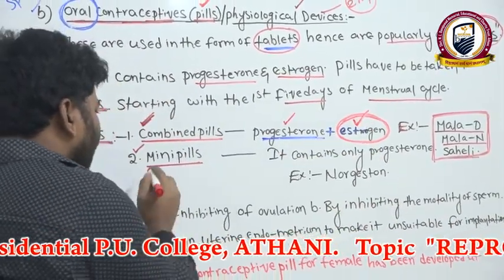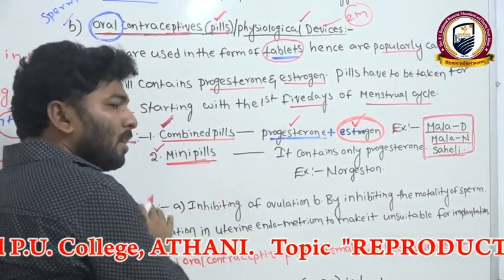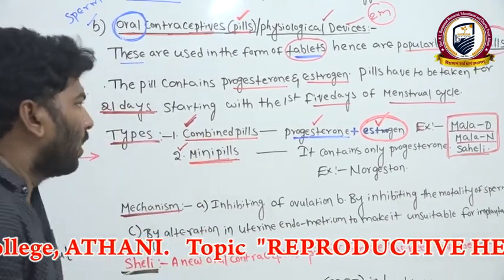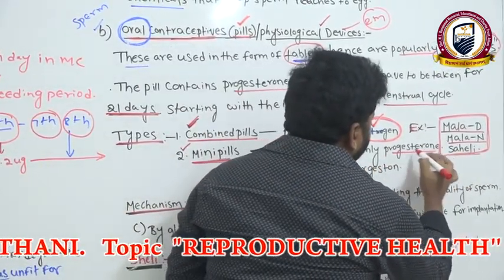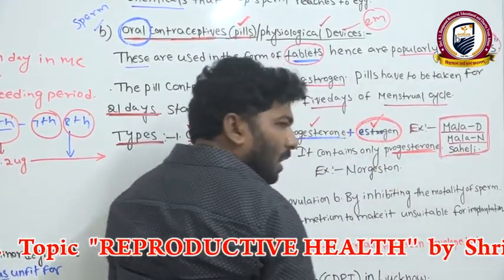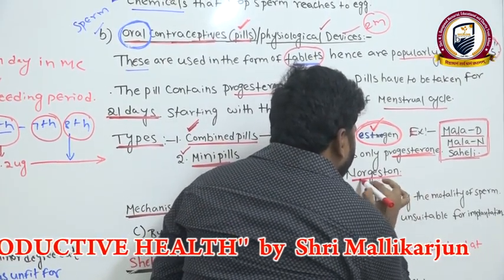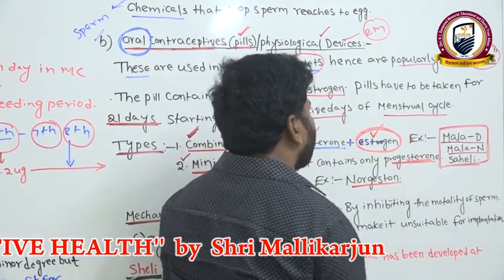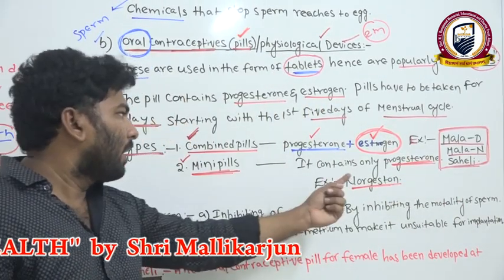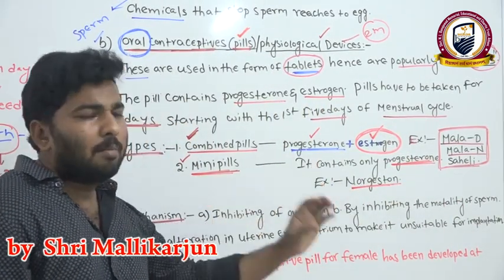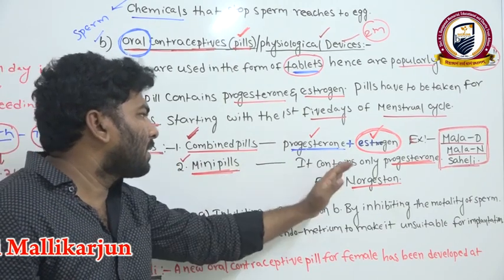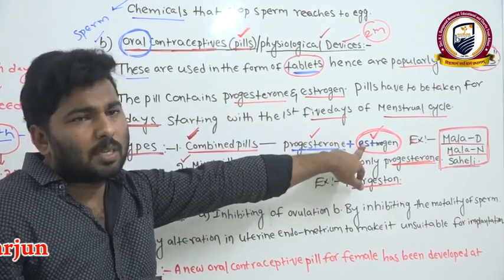So they manufactured mini pills again. Mini pills contain only progesterone hormone, and the brand name available in the market is Norgestrel. In this form it is available in the market. It has fewer side effects compared to the combined pills.